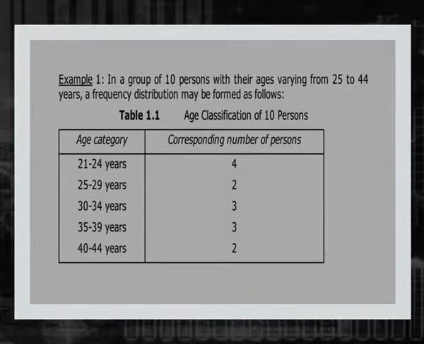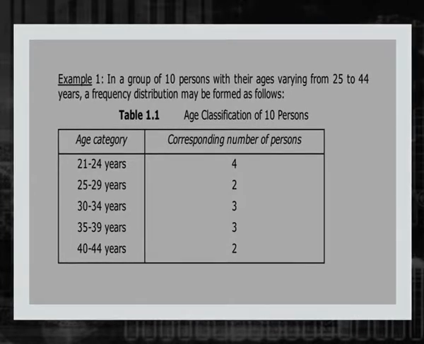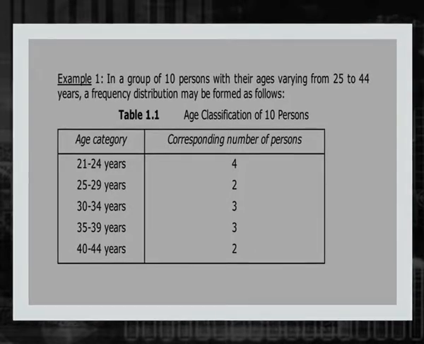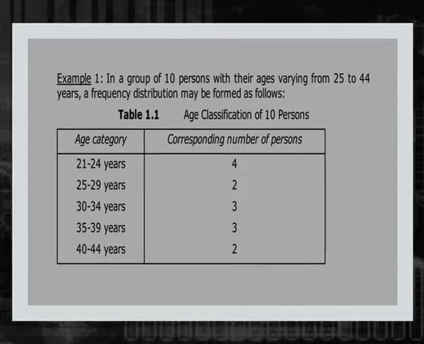Example 1. In a group of 10 persons with their ages varying from 21 to 44 years, a frequency distribution may be formed as follows, given in table 1.1. So table 1.1 gives us the age classification of 10 persons.